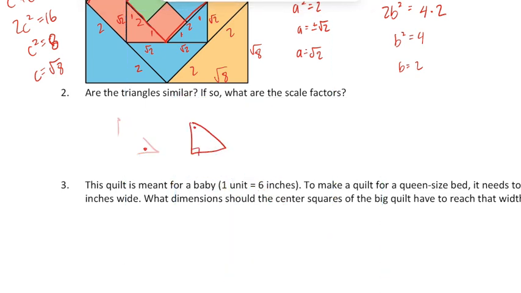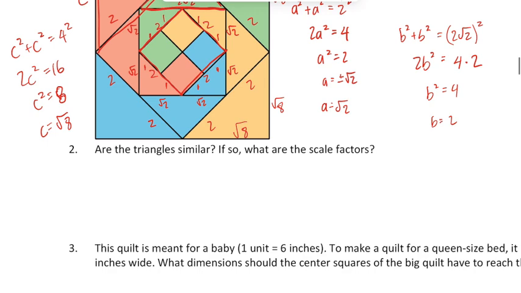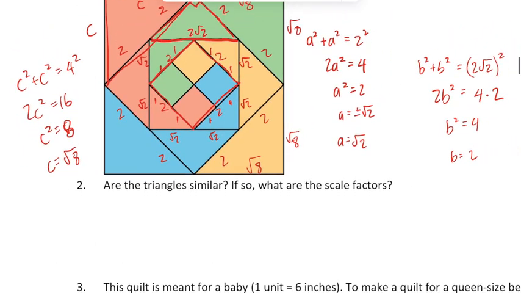What are the scale factors? All right, so the scale factor from the small to the medium, or the medium to the large, it's going to be root 2. So let's take a look at this pink triangle. That pink one has root 2, root 2, and 2.